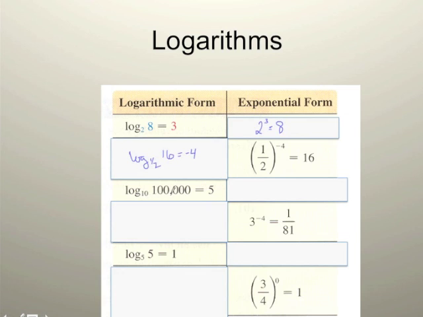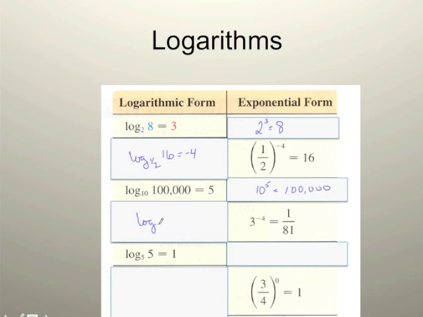Log base 10 of 100,000 equals 5. That would be 10 to the 5th power is 100,000. 3 raised to the -4 power is 1 over 81.